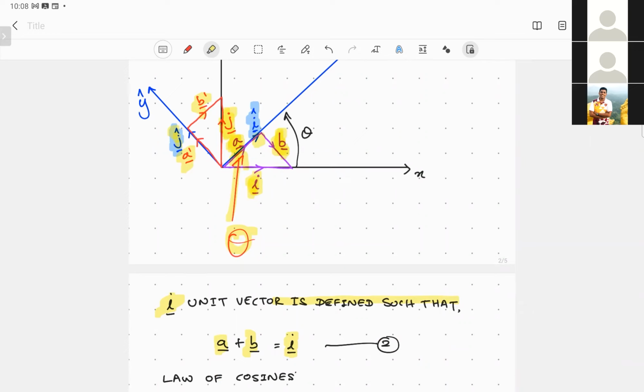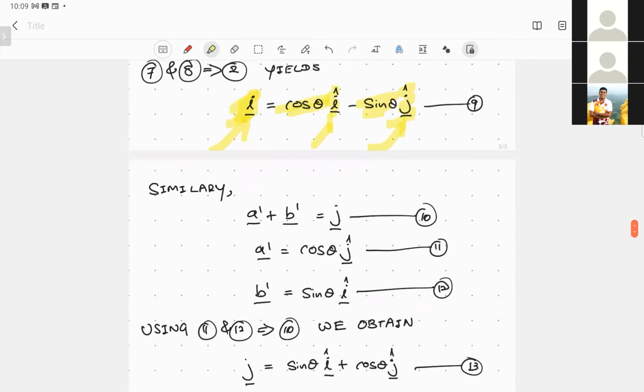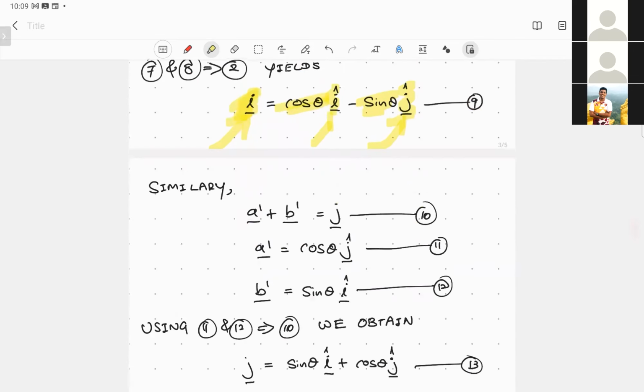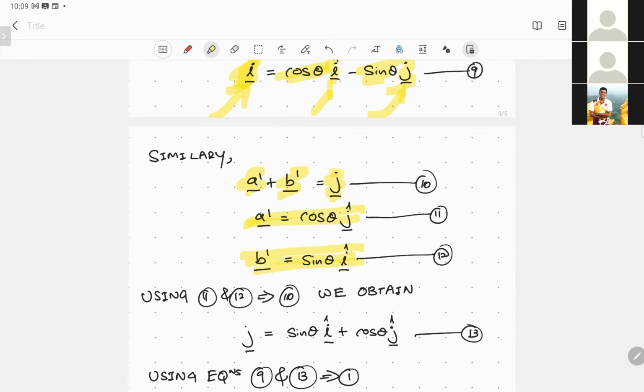So you can define the j vector using i hat and j hat, that is, the global coordinate system can be related via the local coordinate system, just like the steps that we just followed. So a hat and b hat is equal to nothing but j based on the definition, and just like in the previous case, using the geometry, we can write a dash and b dash.